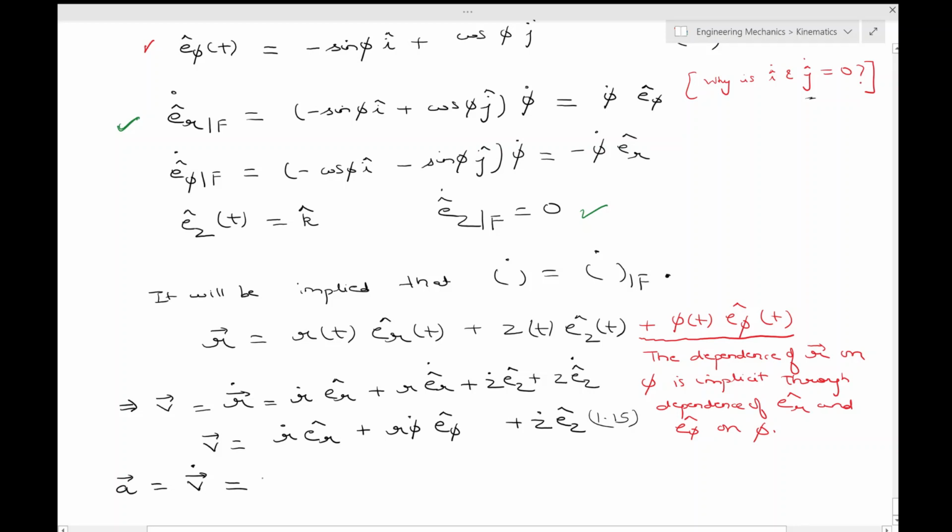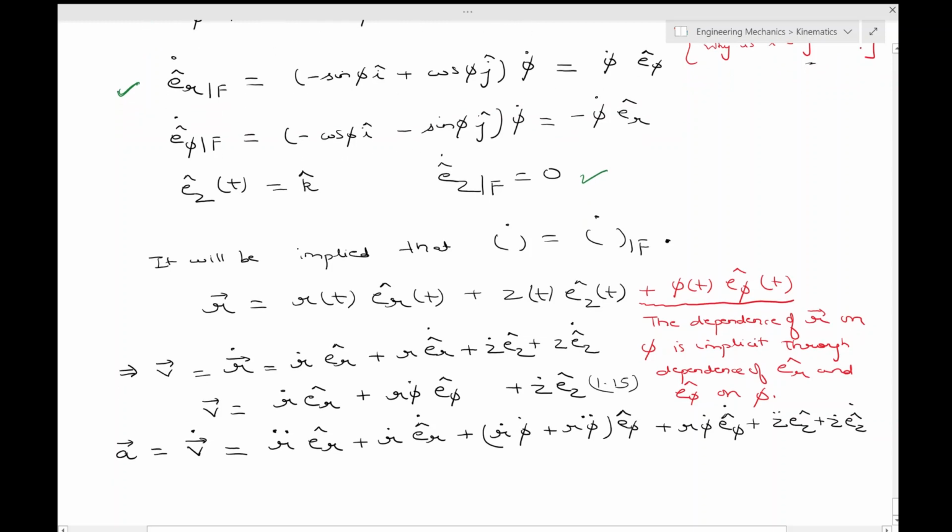We'll apply the chain rule and we should have r double dot er hat plus r dot er hat dot, plus r dot phi dot plus r phi double dot e phi hat, plus r phi dot e phi hat dot, plus z double dot ez hat plus z dot ez hat dot.